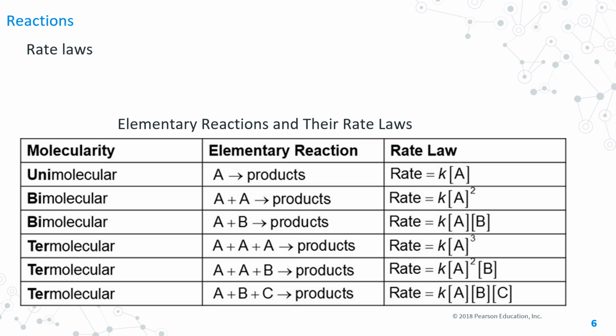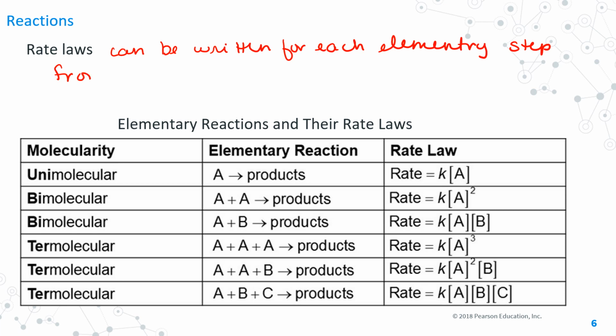So the rate laws can be written for each elementary step from the balanced equation, if the individual step is given.